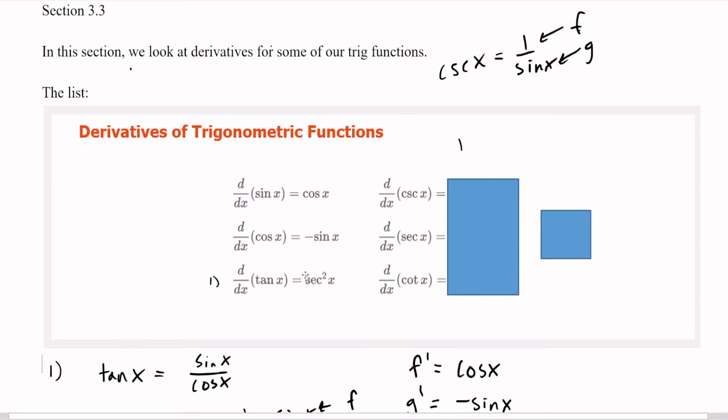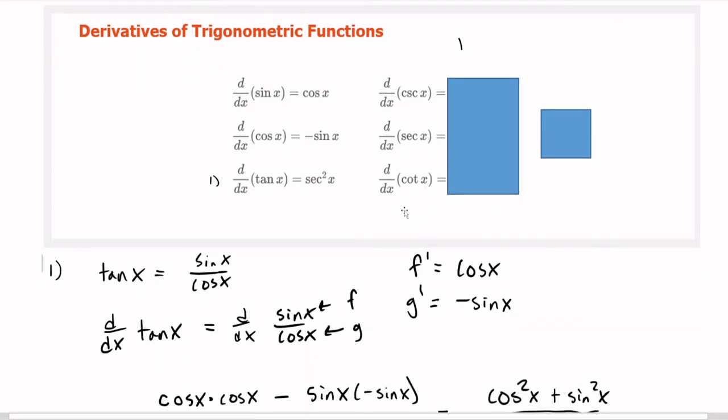Cotangent is 1 over tan, or is cosine over sine. Boom, quotient rule. Try these out. Go see if you can develop the derivatives for these functions only now knowing these. And of course, the quotient rule. So just a really nice thing to be able to practice. It practices a bunch of our rules, gets you working with these trig functions more.